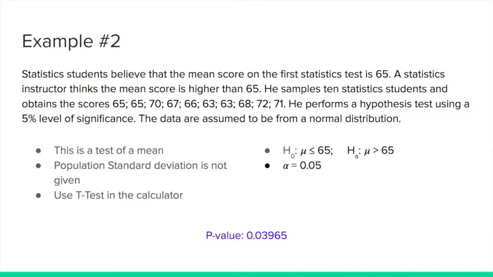The list is L1. Frequency is 1. Then we select the greater than on the last line, because the greater than symbol is what we see in the alternative hypothesis. Then we calculate and we get a p-value of 0.0396. So once again, we would reject the null hypothesis and support the claim of the instructor.